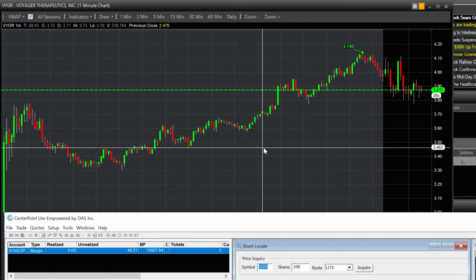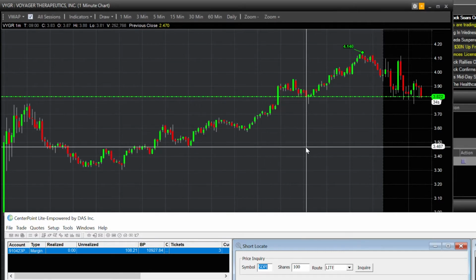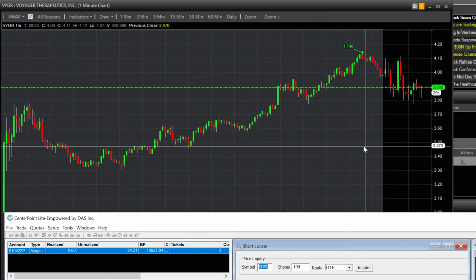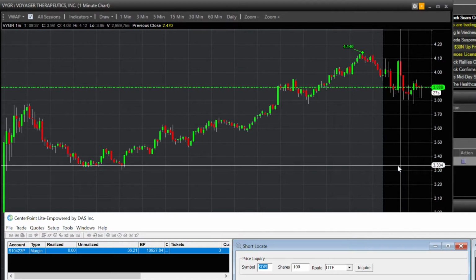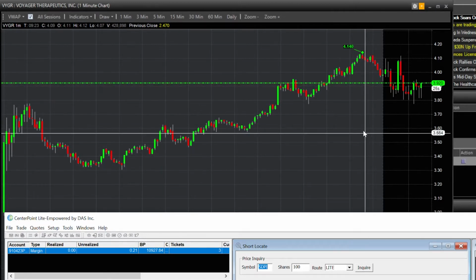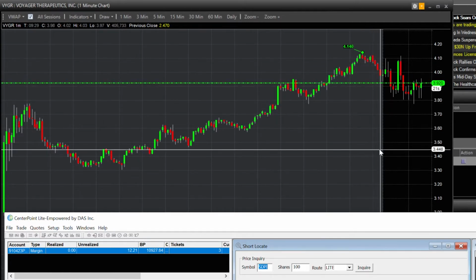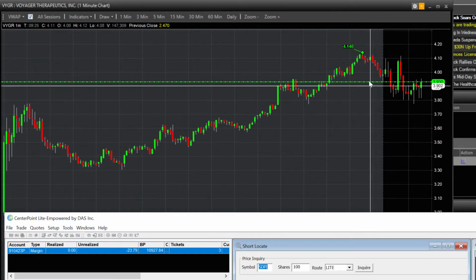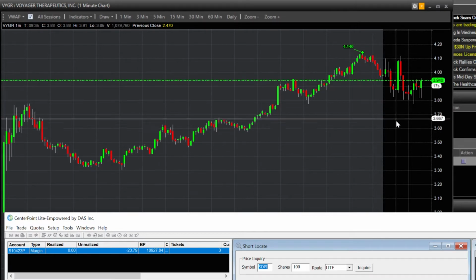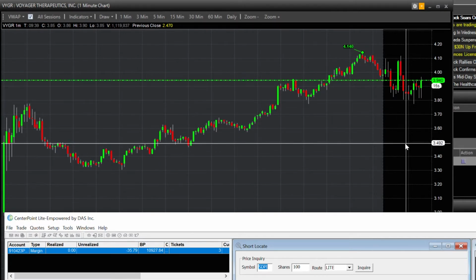So I paid a little over $20 just to borrow. It's extremely low, and what I've noticed is the cheaper the shares are, the less range a stock is going to create, and the more competition there is. And then you see something like this happens. A lot of people just jump in, they look at all these free shares, and they want to trade it.